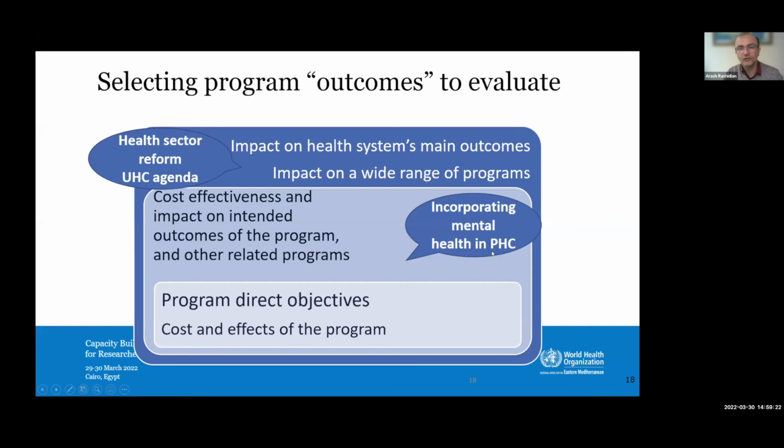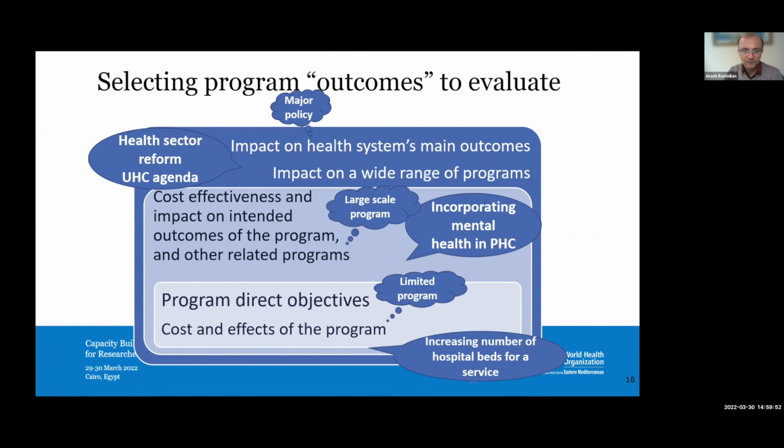You really need to think of other important elements of the PHC program, because incorporating one program into your agenda might make another program do worse than before, or affect another program. So you need to have some indicator to ensure the program is actually acting on that area. But if you are thinking of increasing the number of hospital beds for a special service, then maybe you focus on the effects on that service itself.